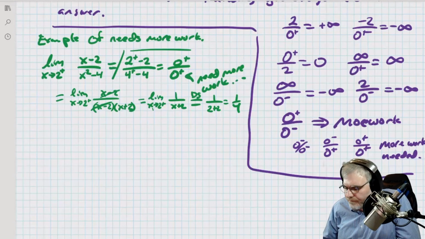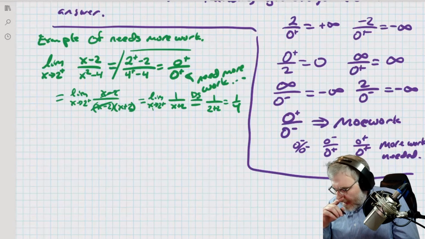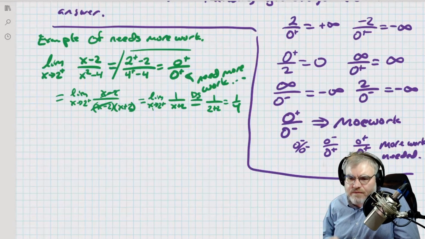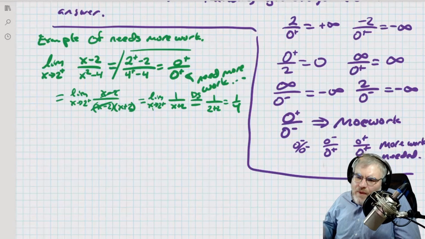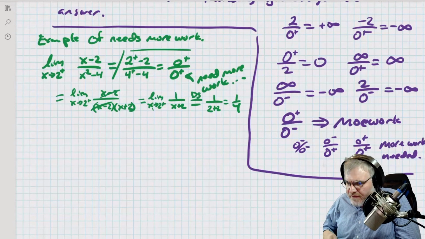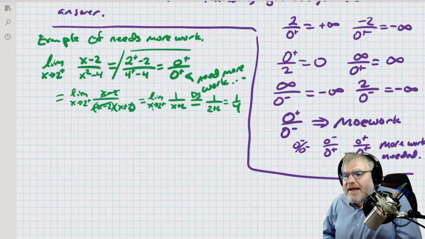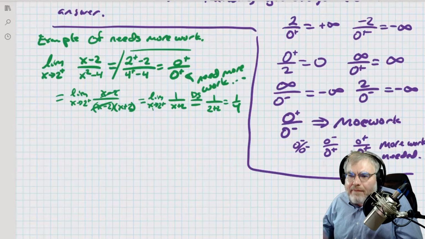If you have any questions, I'll be happy to help. The WebAssigns will work you through this. Again, the WebAssigns wants you to use different tricks for this, and that's okay. You can divide them through by the highest term. That's okay too, but it eats your time on tests.